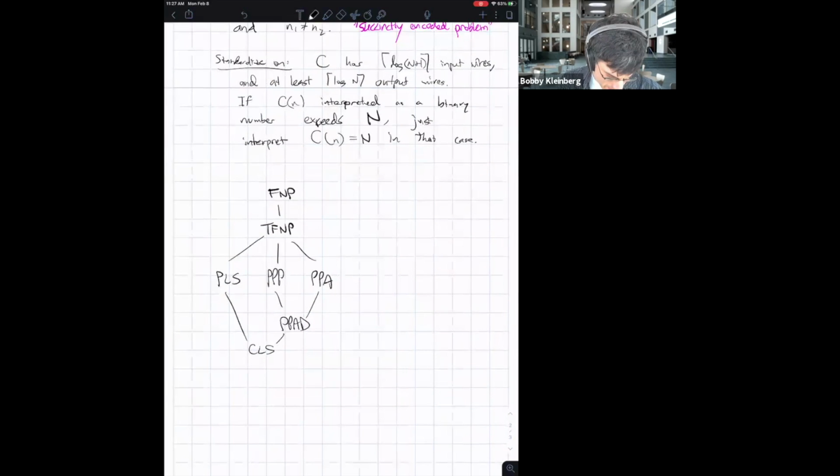And down here, we finally get functions that can be computed in polynomial time. So what's all this other clutter in the middle? These are different classes of total search problems corresponding to non-constructive existence proof principles in mathematics.